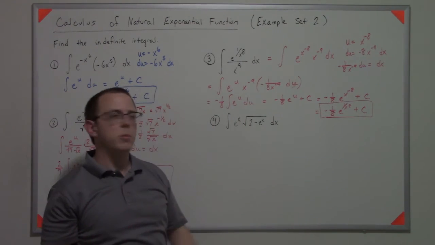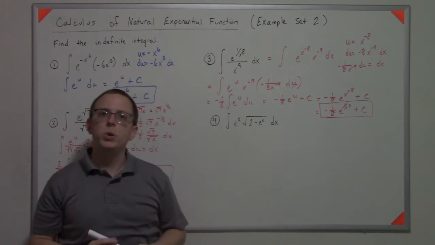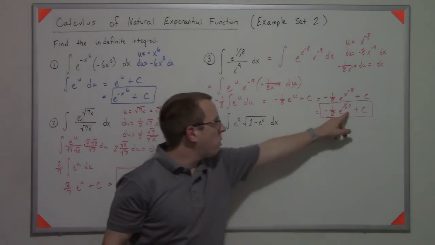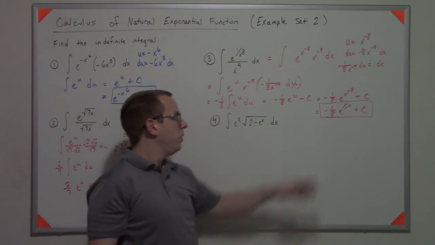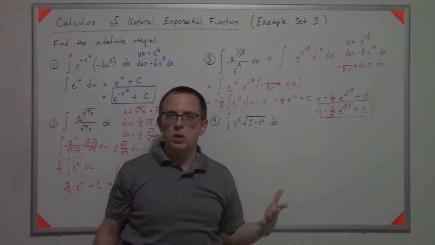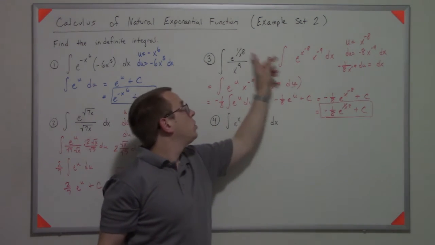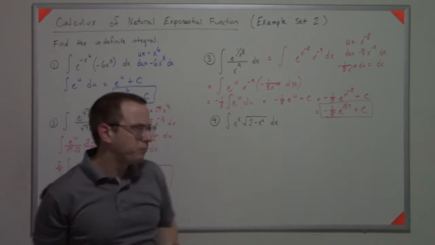So if you were putting this into an online system, this is probably how they would write it. However, this is a perfectly acceptable answer. It's equivalent. It's just that we started that way, so we're going to leave it that way, right?